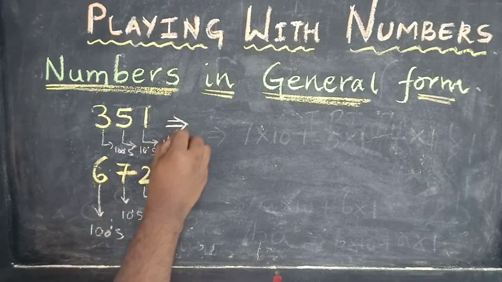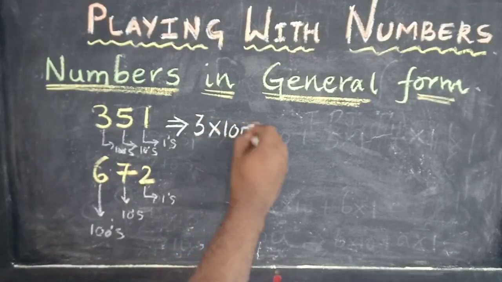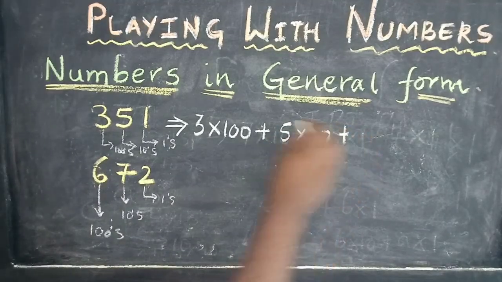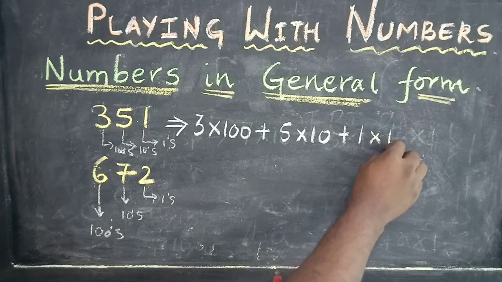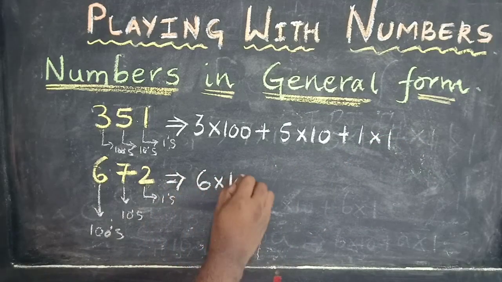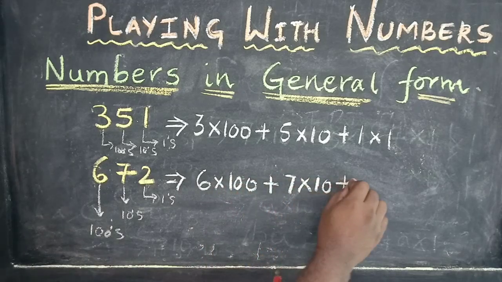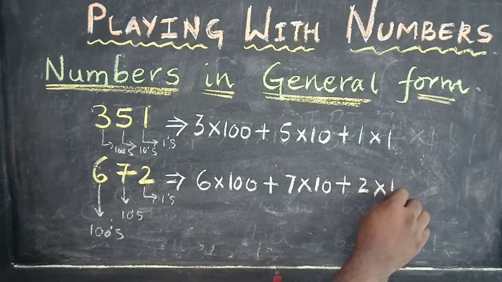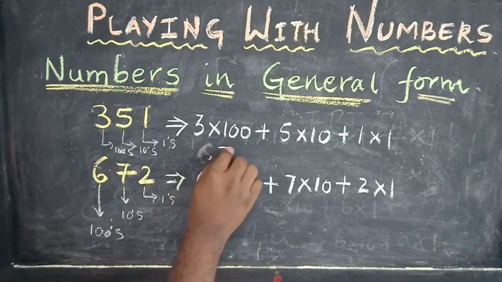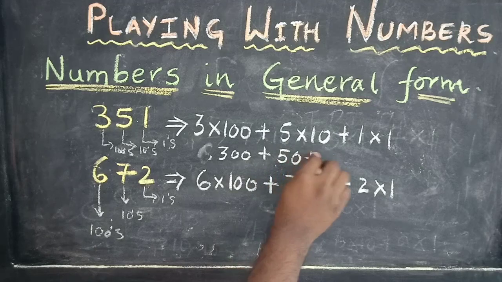So I can write it as 3 times the hundred plus 5 times the tens, then 1 time the ones. In the second example, 6 times the hundred plus 7 times the 10 plus 2 times the 1. That is, I can write it as 300 plus 50 plus 1.